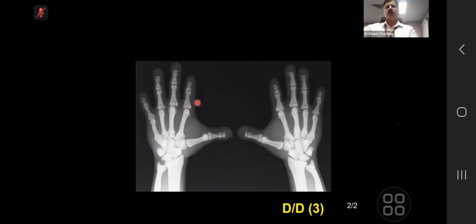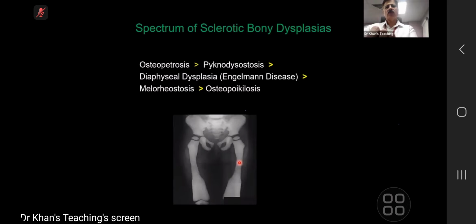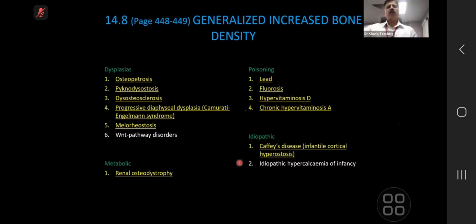So in pycnodysostosis, this is what can happen. If you see the medullary cavities, you will see that they are encroached and not very well seen. So this was pycnodysostosis. In your book, there are causes of generalized increased bone density in a child.